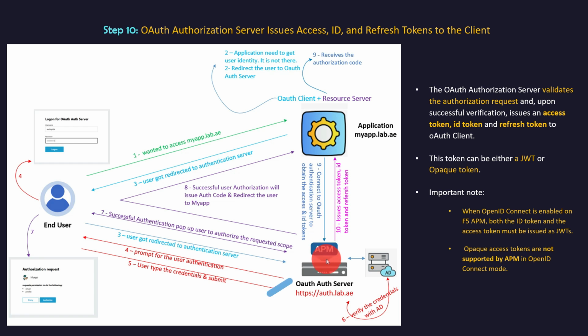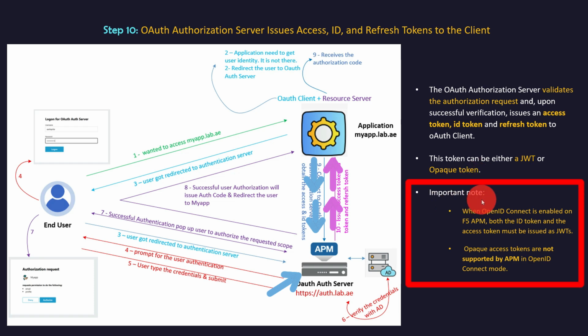In step 10, the OAuth Authorization Server validates the OAuth client token request, and upon successful verification, it issues an access token, ID token, and reference token to the OAuth client. These tokens can be either JWT tokens or opaque tokens.